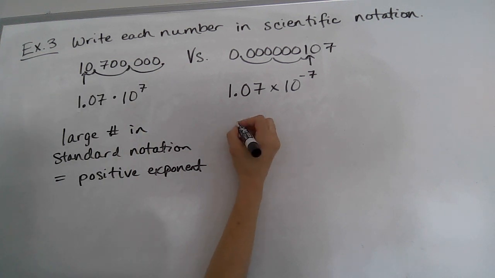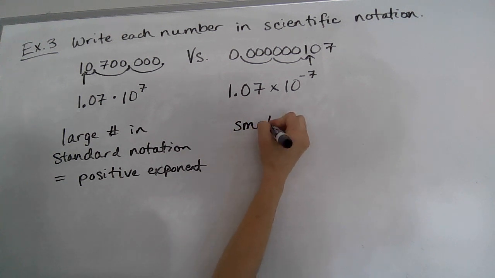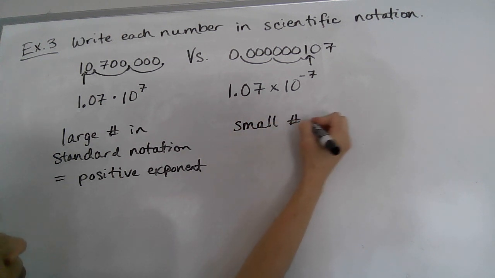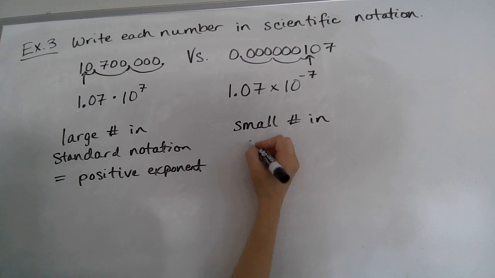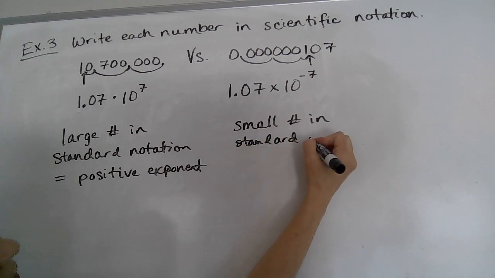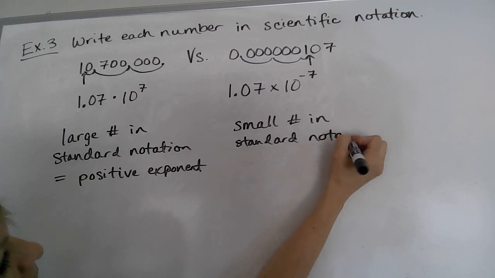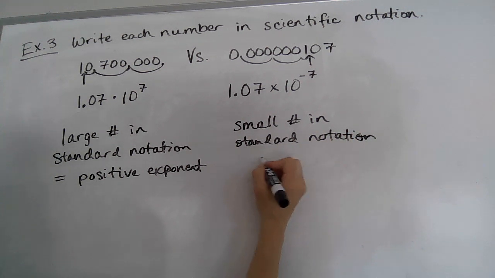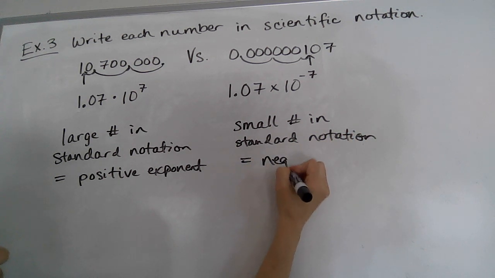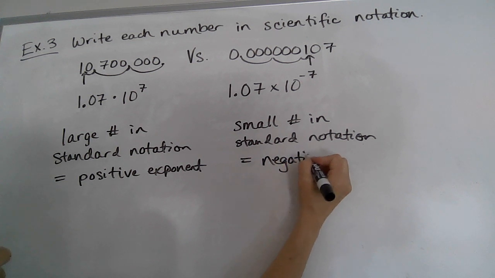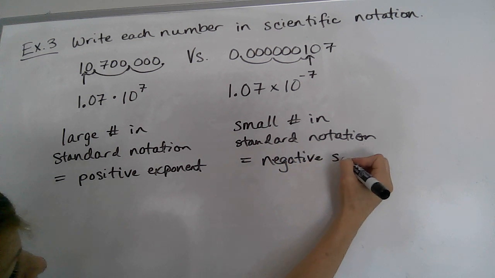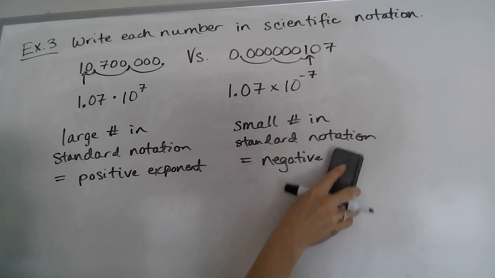So here we have a small number in standard notation gives you a negative exponent. Hopefully that's helpful. Definitely something I think about as I work with scientific notation and standard notation, which you'll see in the next video.